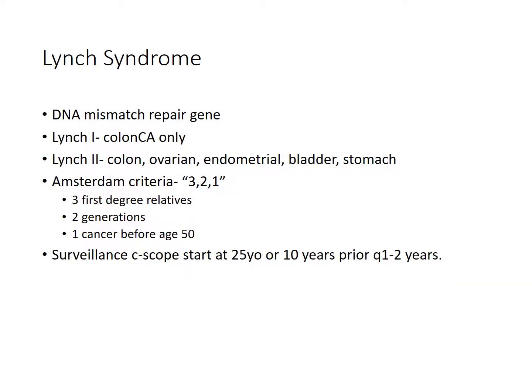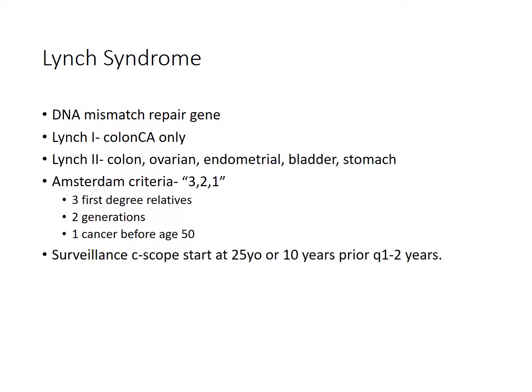Lynch syndrome. It's a DNA mismatch repair gene defect. There's Lynch 1 and Lynch 2. Lynch 1 is colon cancer only. Lynch 2 brings in ovarian, endometrial, bladder, stomach. It follows the Amsterdam criteria, 3-2-1. 3 first-degree relatives, so that's parents, siblings, children.